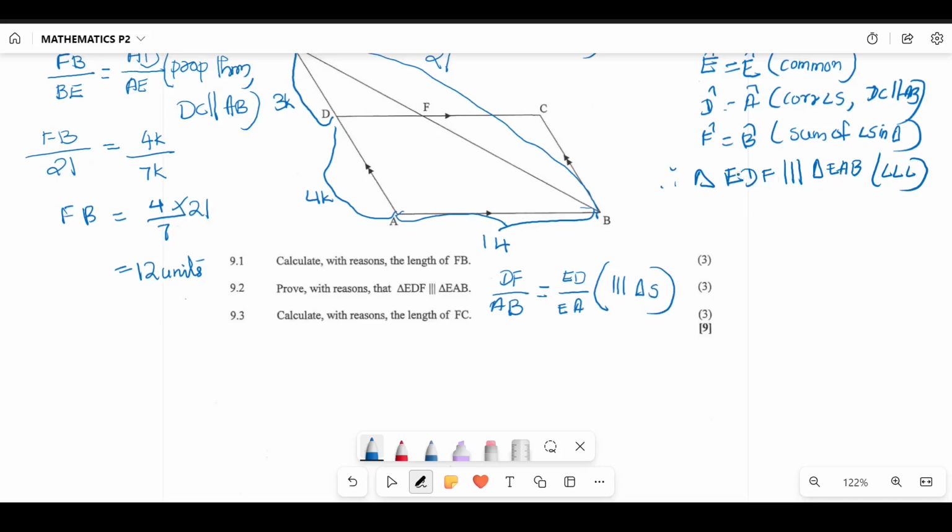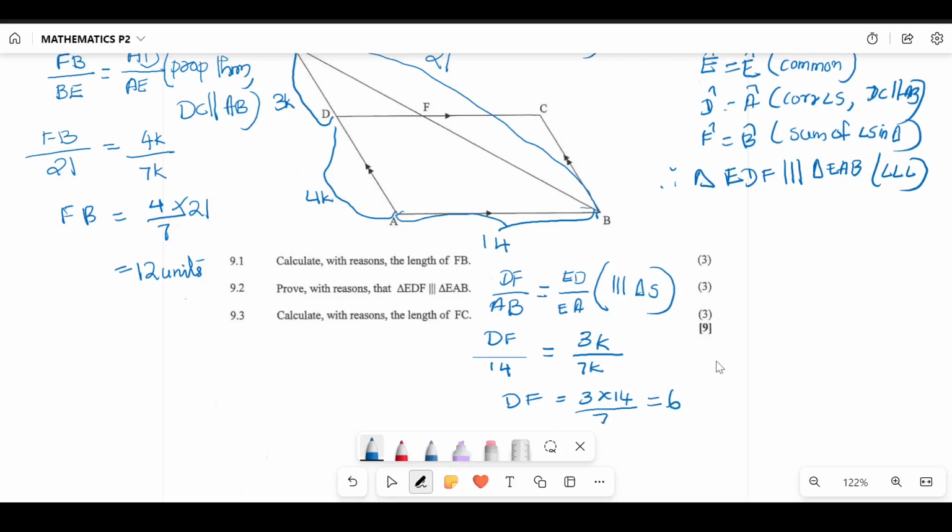That's what we wrote. So the only unknown is DF now. DF over AB, we know it's 14 units, equal to ED is 3K over EA is 7K. So therefore DF equal to, K and K cancel, 3 times 14 divided by 7, which is 6 units.